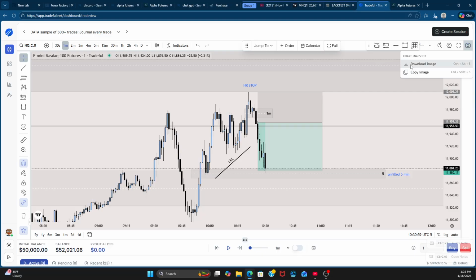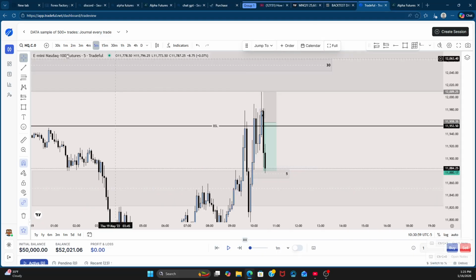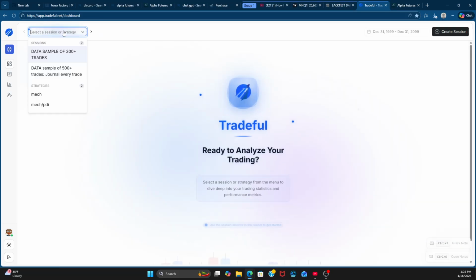Beautiful. That's all we need for this. We can get rid of all this. That's beautiful. We can exit this. Here, we can go look over here.